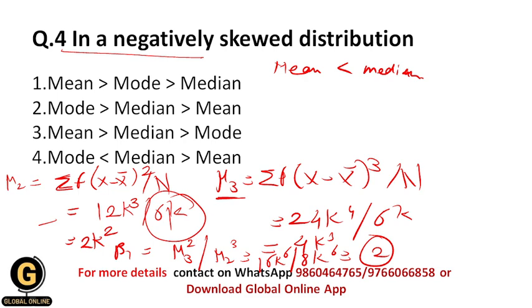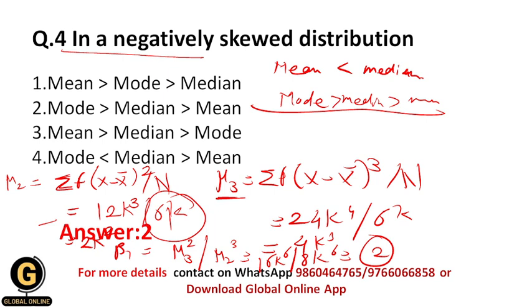So there are small values in the data, but they will have a large tail. And that's why in a negatively skewed distribution, the mode is greater than the median, which is greater than the mean, and that's why your correct answer would be 2.